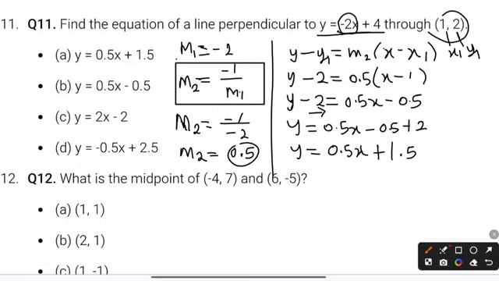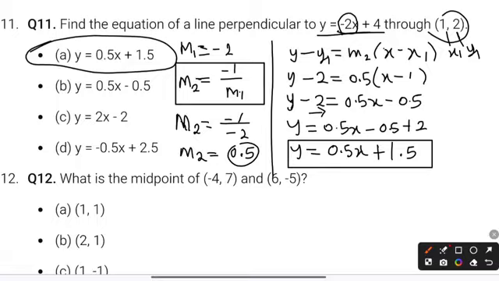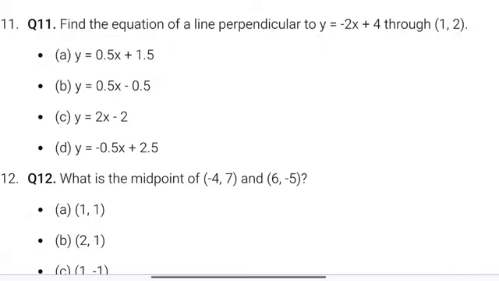This is what we have as option A. That's what they asked us to do. I believe you understood. Let's go to the next one.